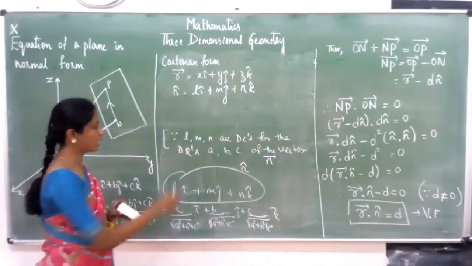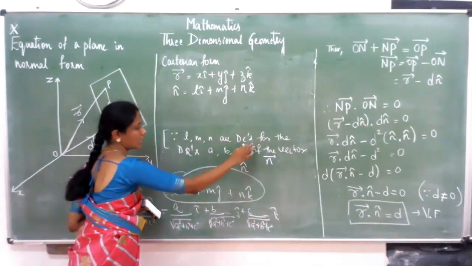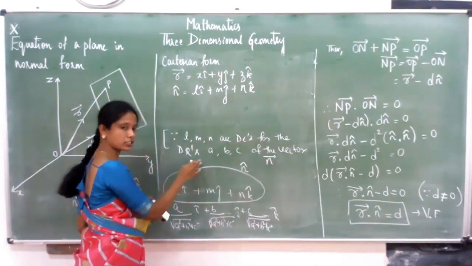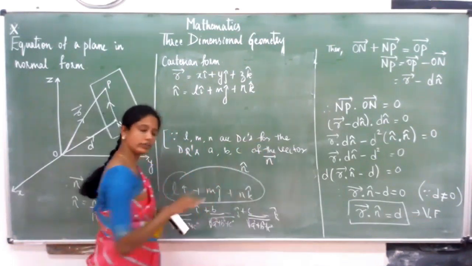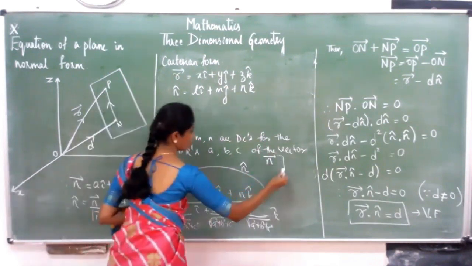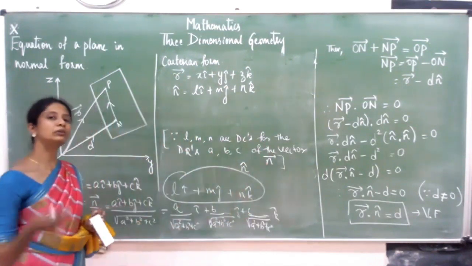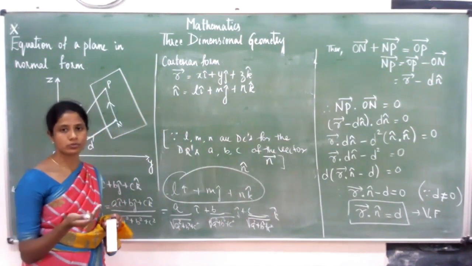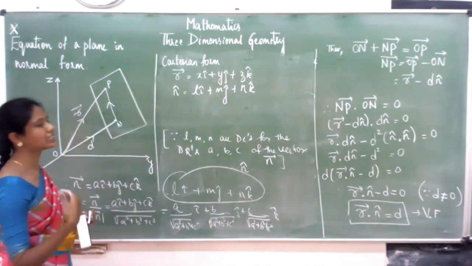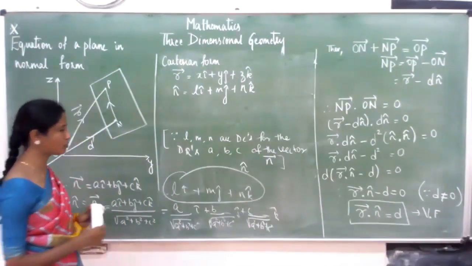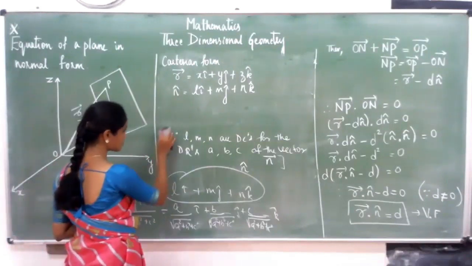Make a note of all these things, that will help you to understand when I solve the problems. Okay, so with this, let us derive the Cartesian form of the equation of a plane.